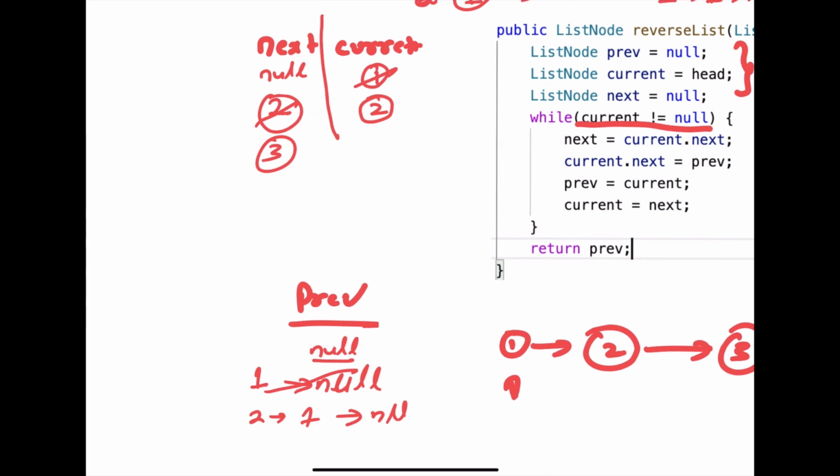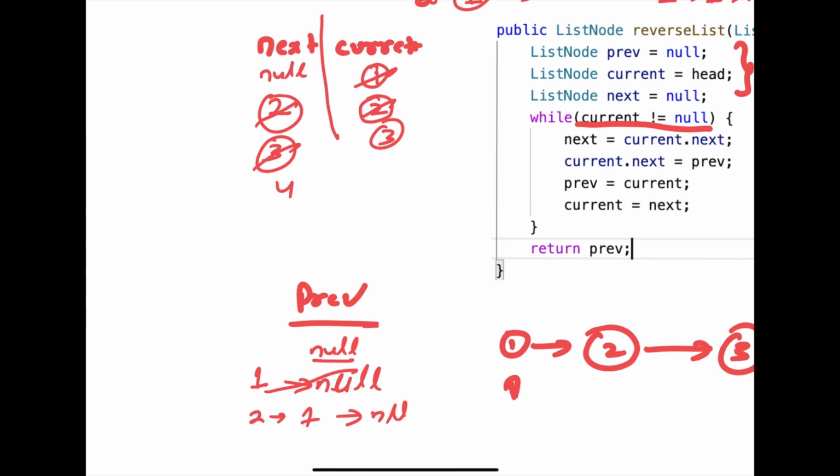Again, the same thing will run. Now we will go towards current equal to next. It will go into 3. Again, current is not equal to null. So next will be current dot next, which is 4. Current dot next equals previous.